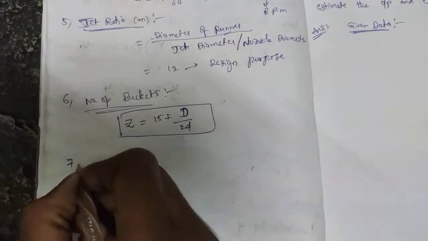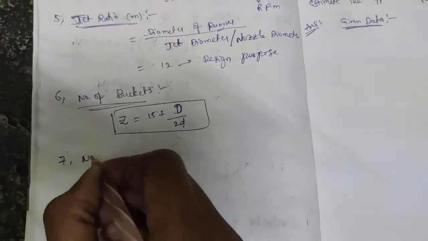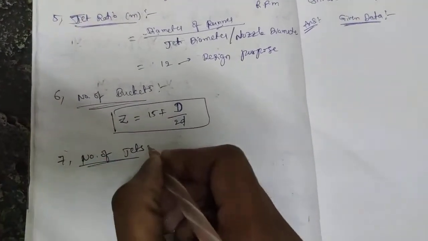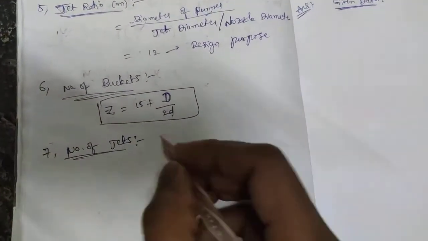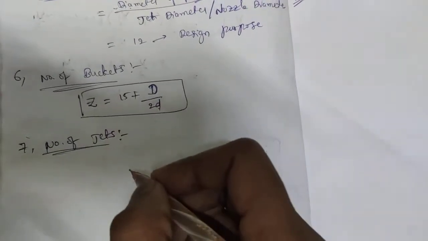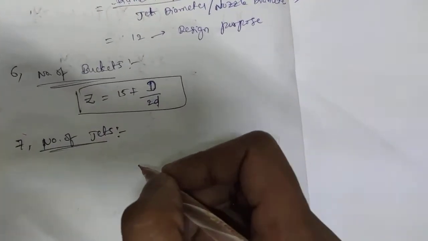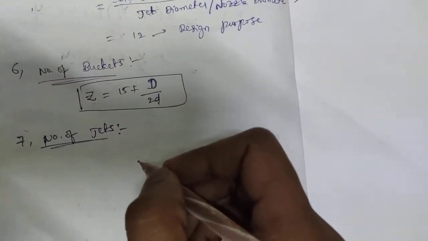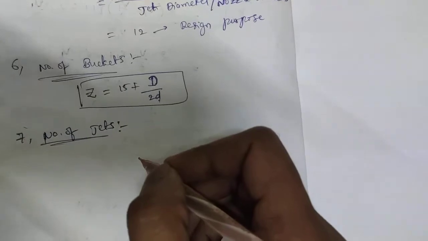And next thing, the seventh one, number of jets. To produce high kinetic energy, we need to arrange more than one jet, more than one nozzle.